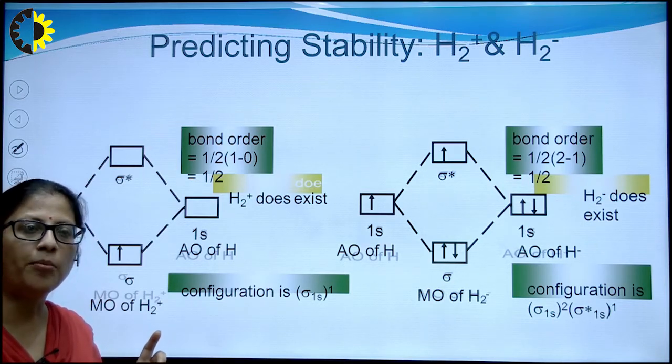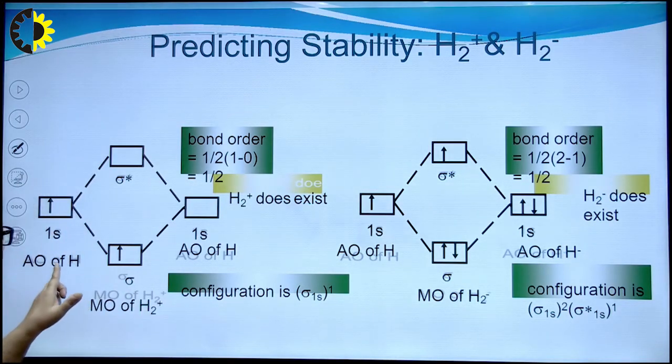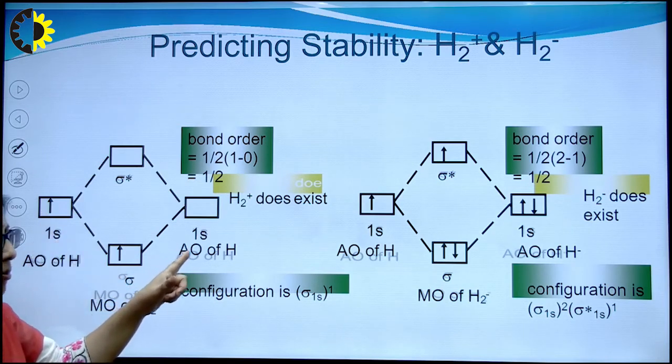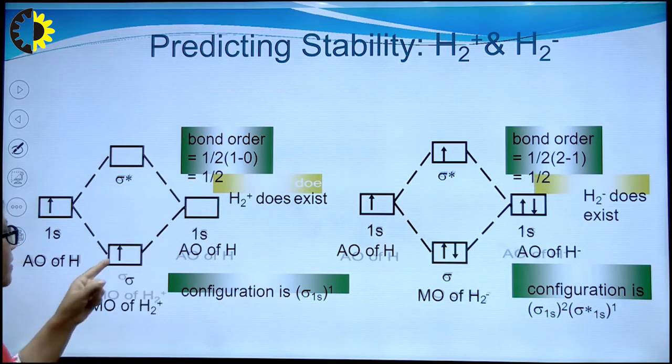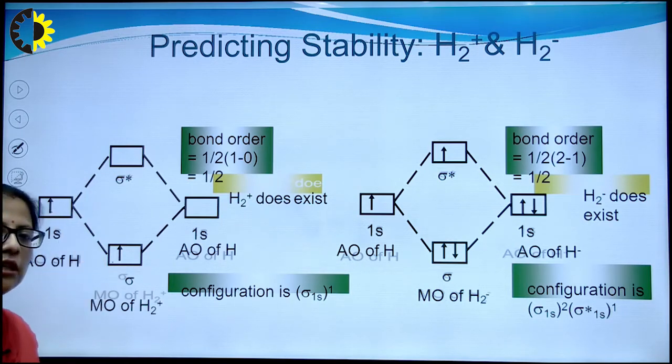One atomic orbital of hydrogen will remain empty. So, here one atomic orbital of hydrogen has 1s1, 1 electron, while the other atomic orbital of hydrogen is empty, there is no electron. These are the two molecular orbitals formed on the combination, and this 1 electron enters into the bonding molecular orbital, that is the sigma 1s.